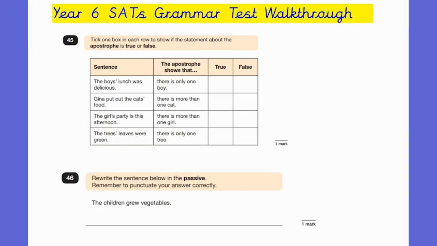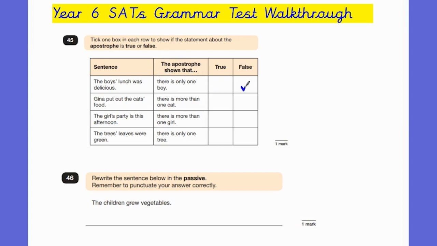Number 45. Tick one box in each row to show if the statement about the apostrophe is true or false. So we know that apostrophes are used for contraction, and we know that they are used to show possession. So the boy's lunch was delicious. The apostrophe shows that there is only one boy.